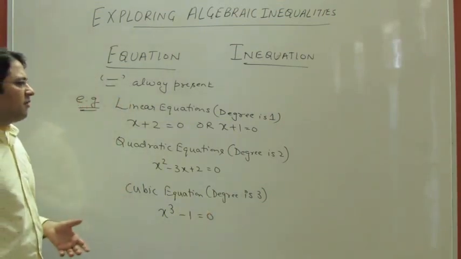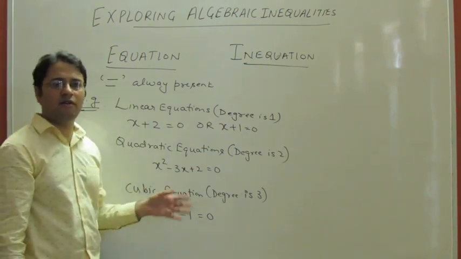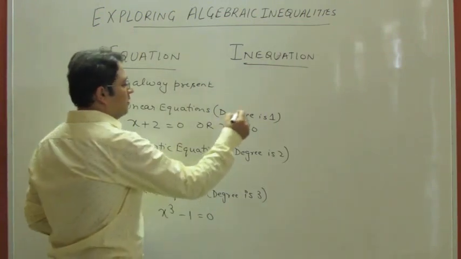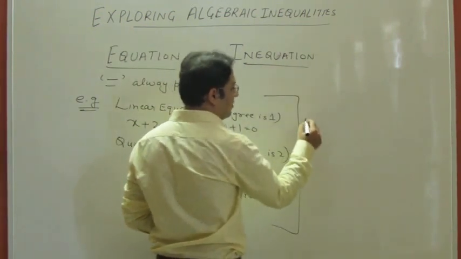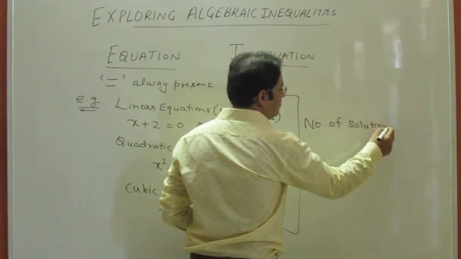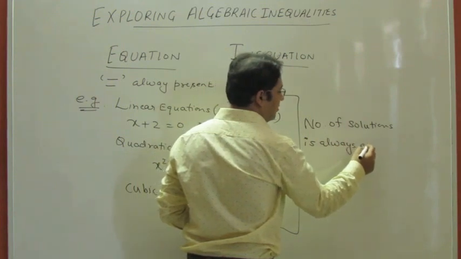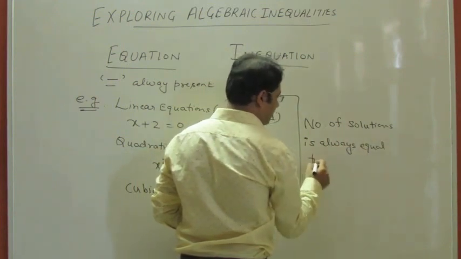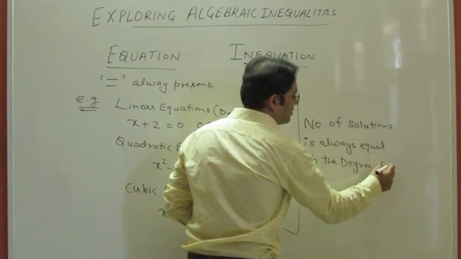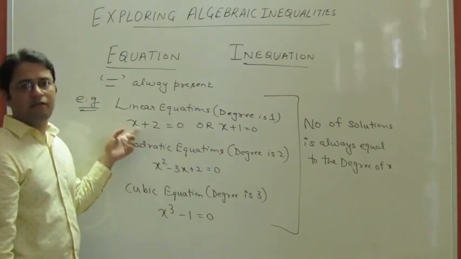Now the best part of solving an equation is that the number of solutions is always equal to the degree of x. That is, in case of a linear equation we have one solution.